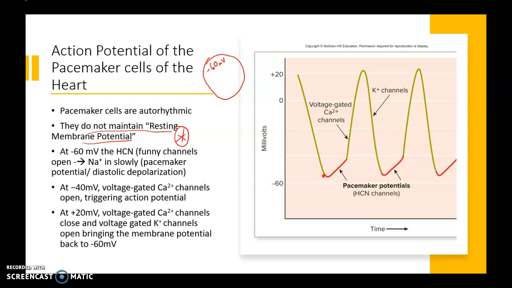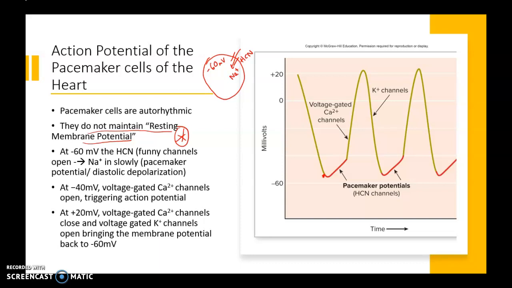Okay. Now, at -60, the first thing that happens is there are some specialized channels called HCN channels. These channels open. And as these channels open, sodium slowly enters the cell. As sodium comes in slowly, it brings in positive charge, right?